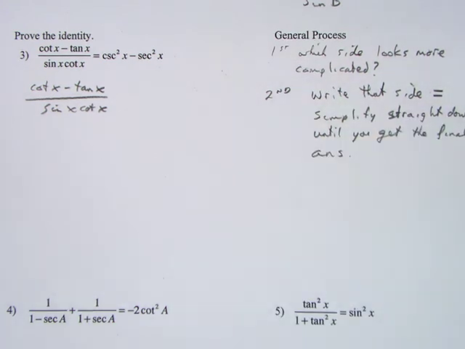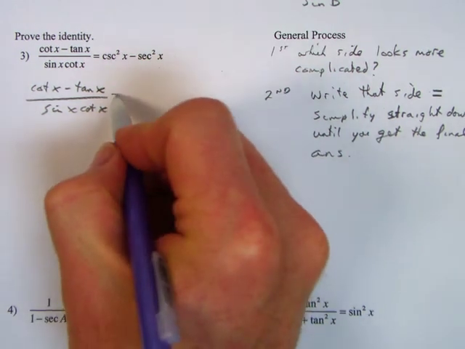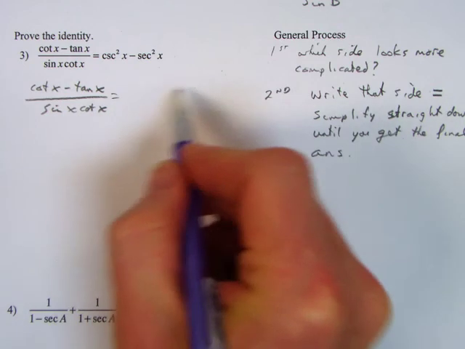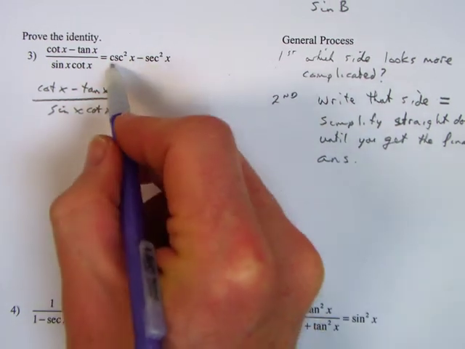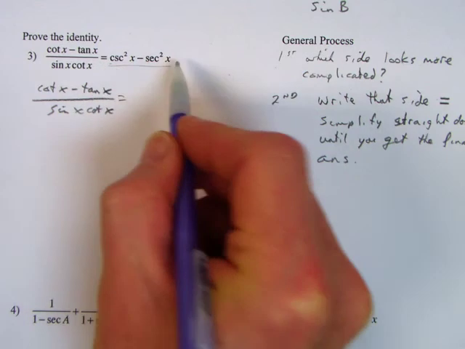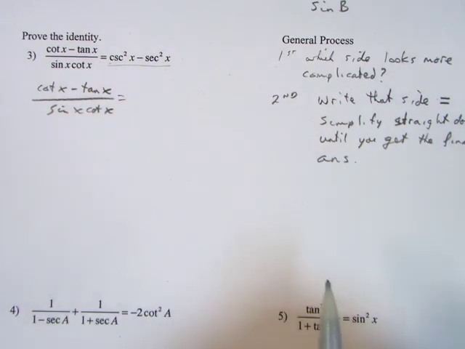All right. So what does that mean? That means we're going to write equal here. We're going to write here, we'll write all the way down until we get what we're trying to prove, cosecant squared minus secant squared.